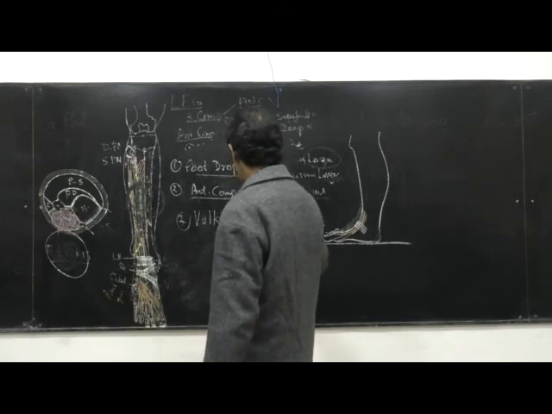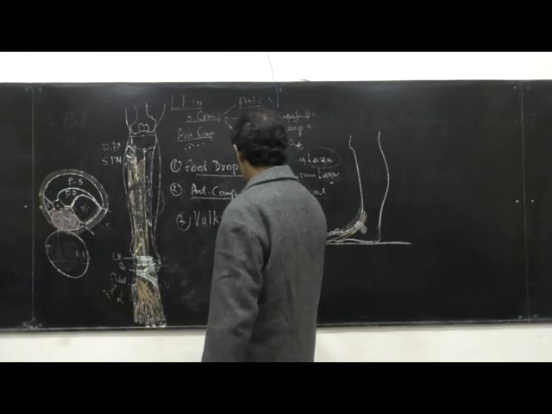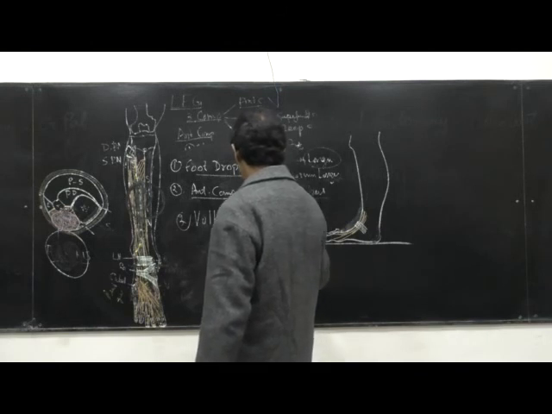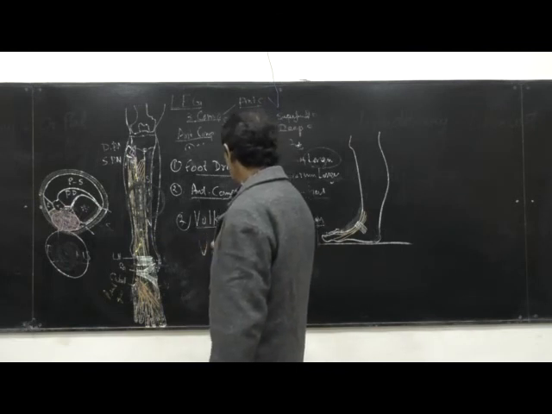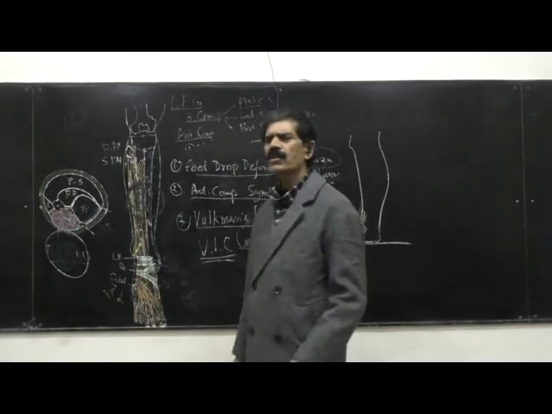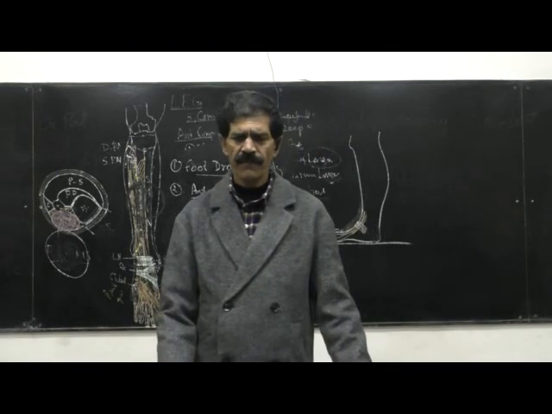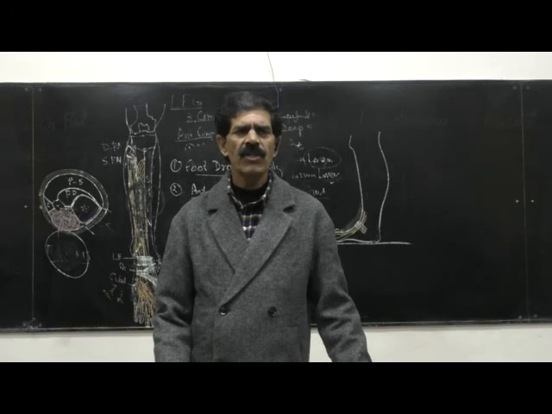Volkmann's ischemic contracture is also present in the cubital fossa, where we have done cubital tunnel syndrome. Volkmann's ischemic contracture is a clinical condition caused by obstruction of the blood supply to the muscles, leading to their avascular necrosis, which is an irreversible phenomenon, resulting in fibrous or shrunken tendons and muscles.